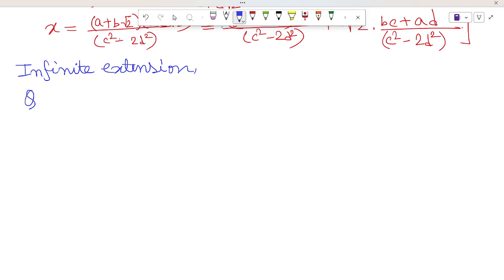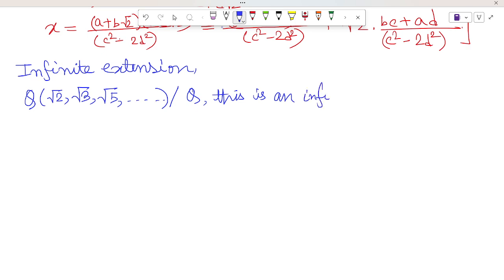Consider these things. Then, this is an infinite extension because you are attaching all square roots of primes.